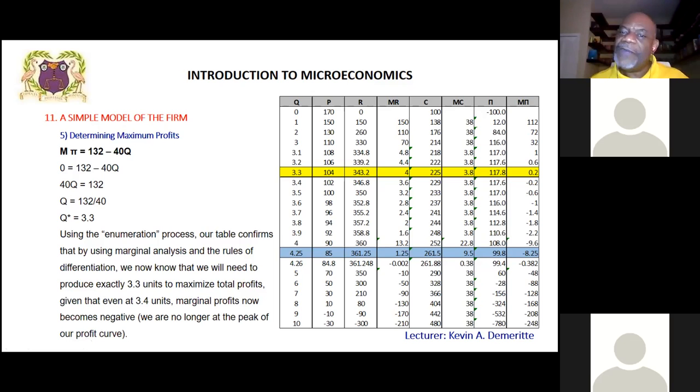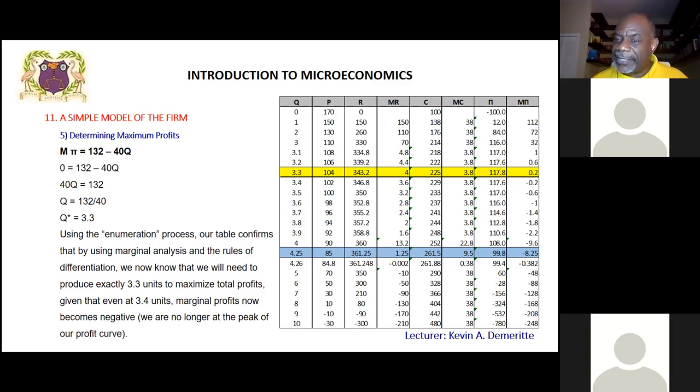As long as it's positive, we keep going. At 3.2 units, still positive, 0.6, but still positive. 3.3 units is now down to 0.2. That's like 20 cents, but it's still positive. We should keep going. So we go to 3.4, and it went negative. So 3.4 is too far.